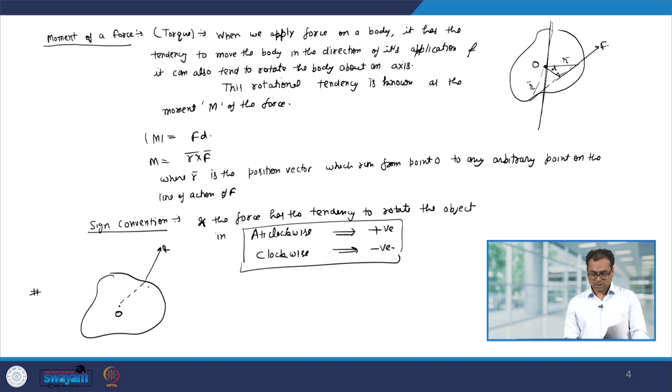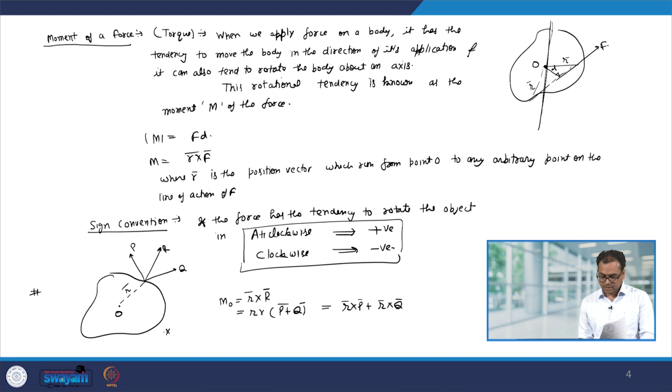Now, this force R I can divide into two components, let us say they are P and Q. Then the moment about O will be r cross R, but since R I can write in terms of P and Q, this R can be written as P plus Q, and this will be r cross P plus r cross Q. What does this mean?